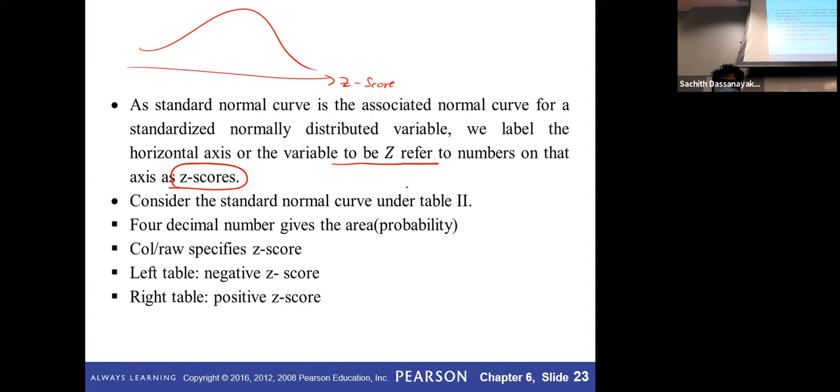I'll show you this table. Using this table we can find the probabilities under this curve. Areas equal probability, so you know that: this area and this probability are the same.